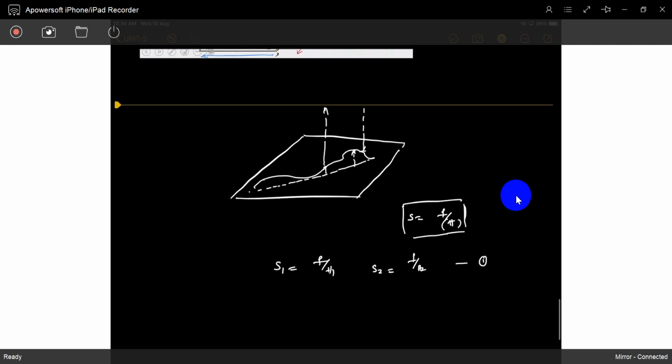Second thing is, for ideal calculations we have to take this h from the datum, mean sea level. We already know it from surveying. This is the mean sea level.